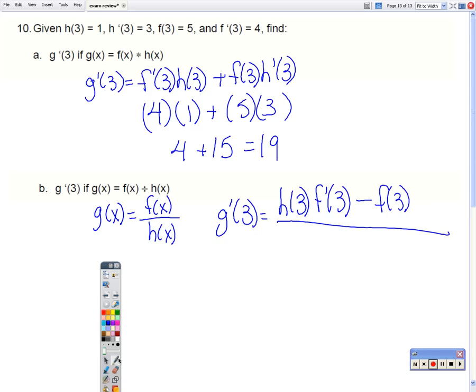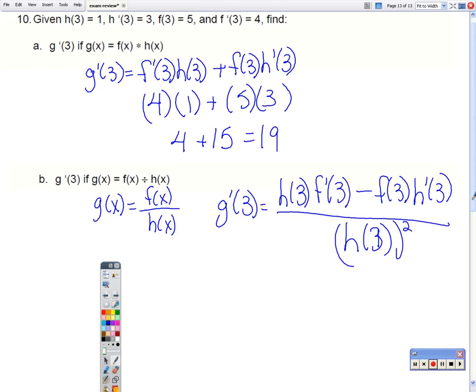All over, plugging in the right numbers in the right order now. H of 3 is 1. That means I can put that in the denominator as well.